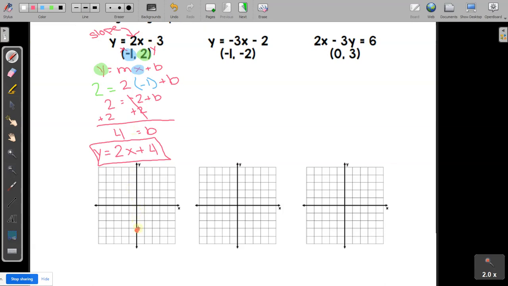Put a point. Now we have a slope of 2. Up 2 to the right 1. Up 2 to the right 1. Let's draw that line. Add your arrows.